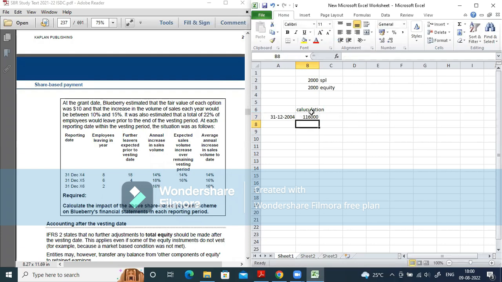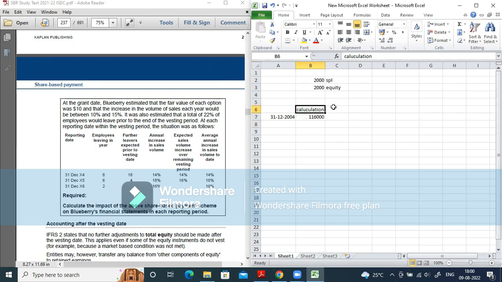So we got 1,16,000. We'll show expense of 1,16,000, then we'll show equity of 1,16,000.